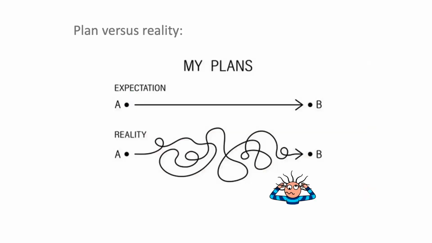Because as you have perhaps already experienced, the plan is often in a way that you hope that you achieve something straightforward from A to B. But reality is often a bit more complicated. The course of the project is usually not straightforward from A to B. And we have to check at regular intervals whether we are on track or not.